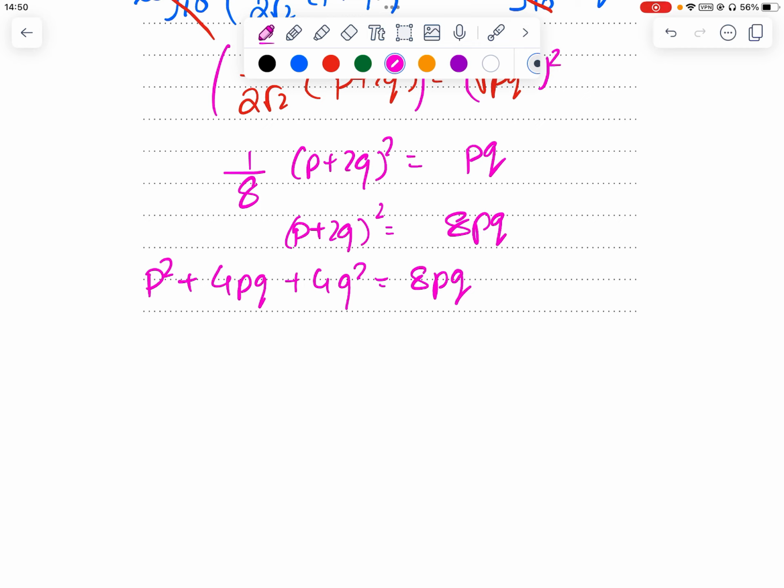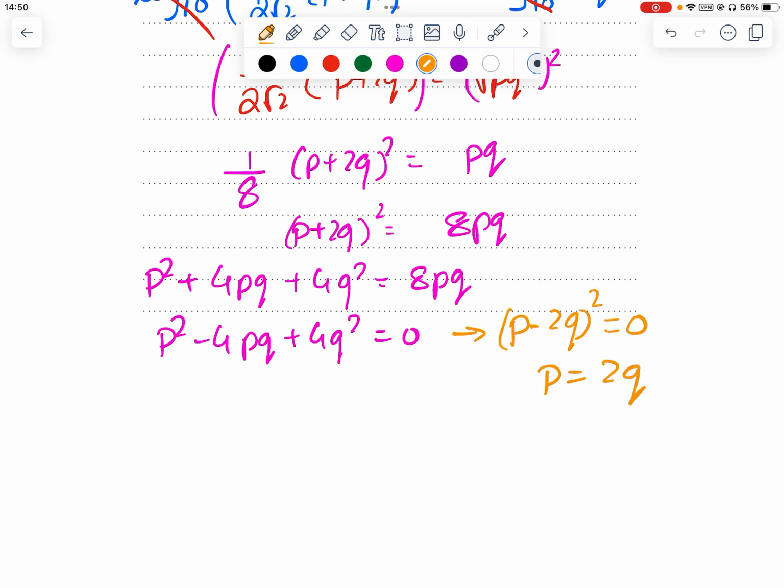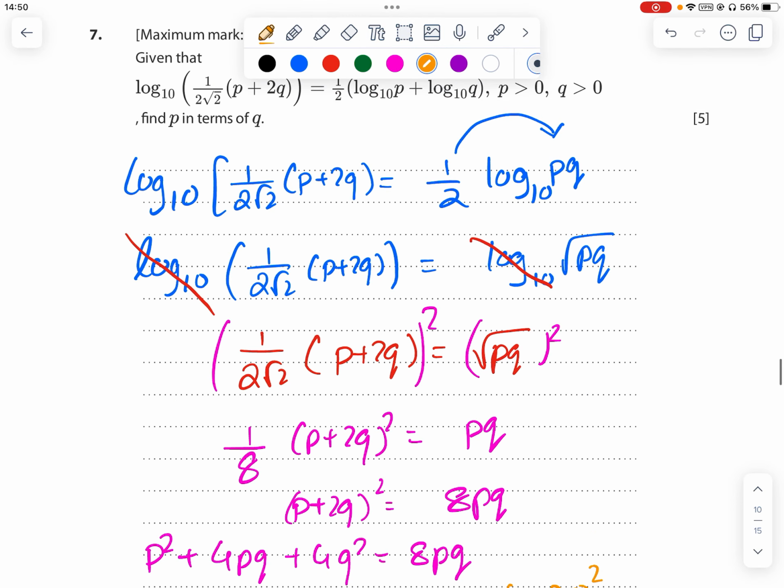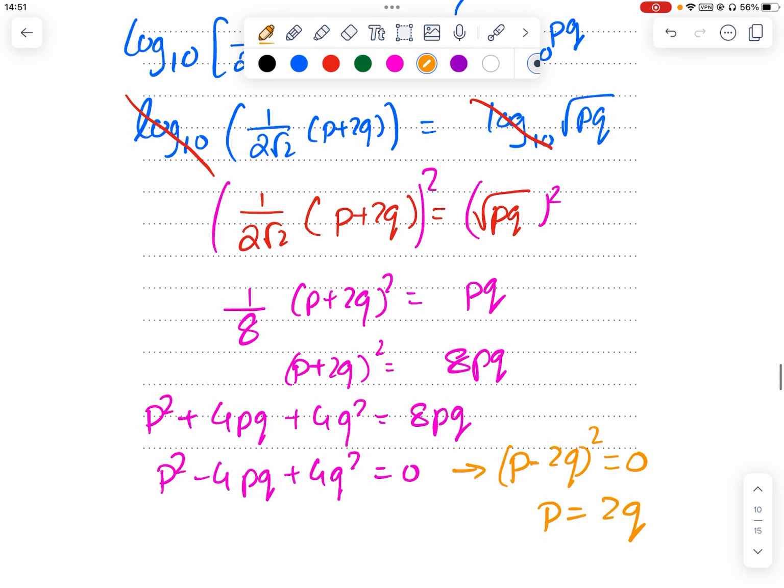So 4pq minus 8pq is minus 4pq. p square minus 4pq plus 4q square equals 0, which becomes p minus 2q whole square equals 0. So p equals 2q. He's asking to find p in terms of q, so p equals 2q.